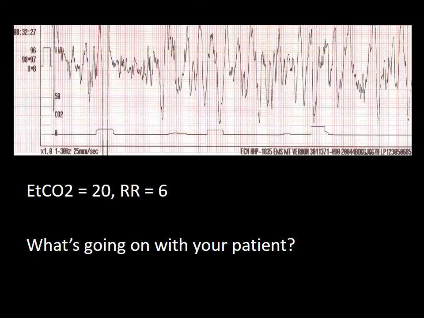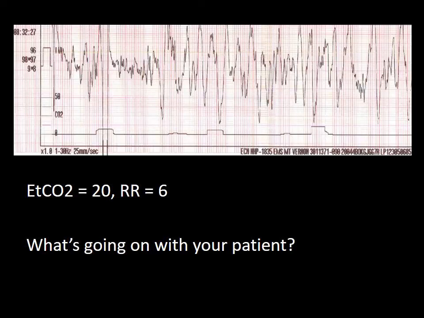So in this scenario, your patient is having very low ventilation. They're actually hypoventilating even though the boxes are small. So remember, look at your patient. Also, if you notice, there's a lot of artifact with the EKG, and in this situation, the patient's actually having a seizure.